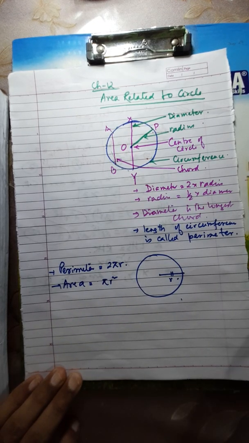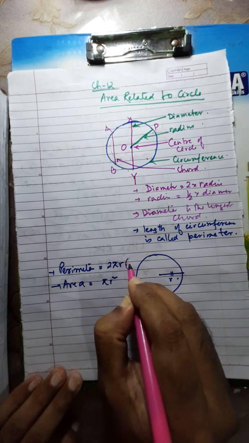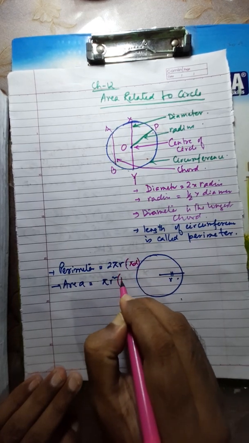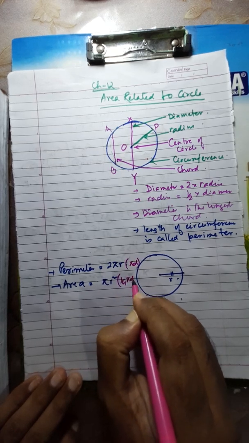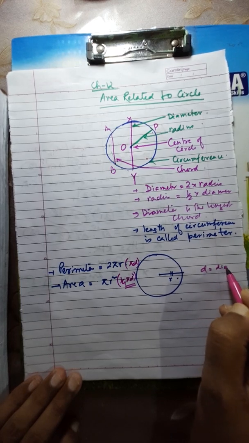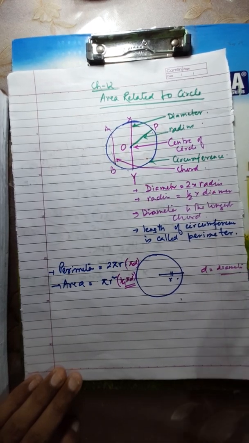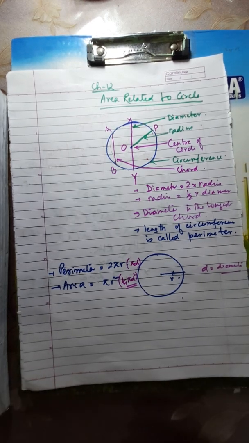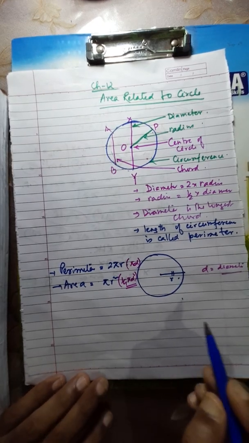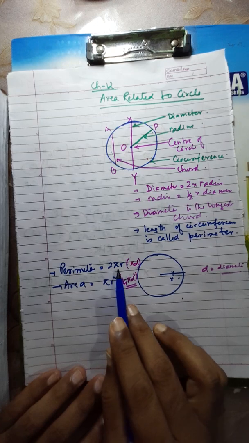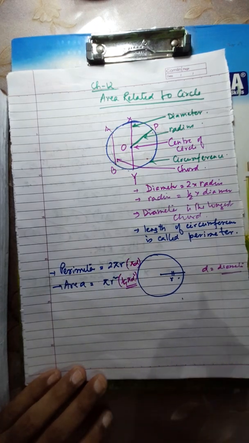If it is given in diameter, directly we can write pi d, and the area is 1 by 4 pi d square, where d is the diameter. So if the diameter is given, directly we can use this relation. Perimeter is pi d and area is pi r square, or 1 by 4 pi d square. And if the radius is given, we will use the radius formulas, twice pi r and pi r square.